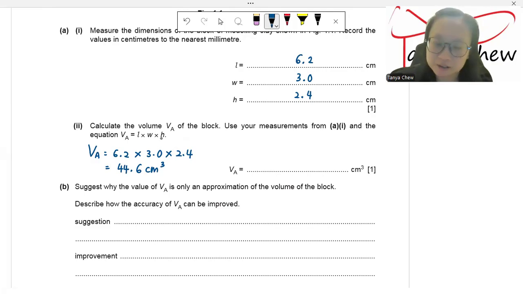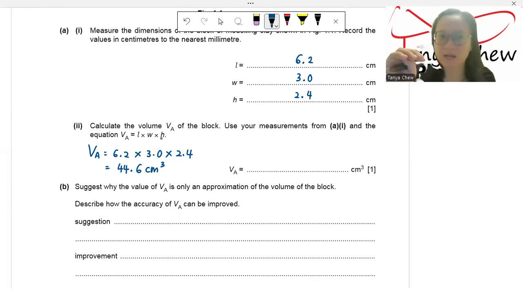For calculated data, you have to look at the number of significant figures of the data that you use to calculate. L has two significant figures. W has two significant figures. H has two significant figures.